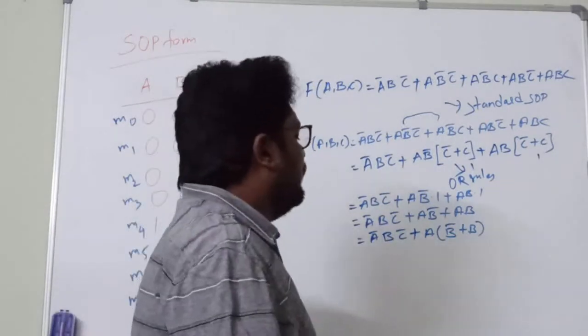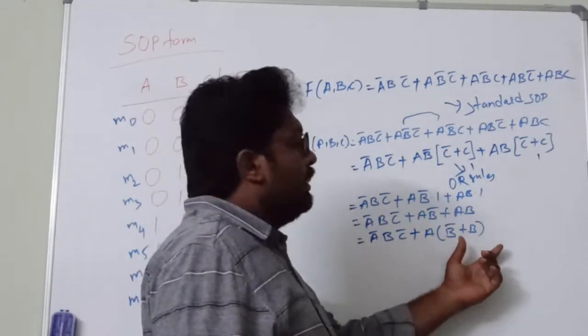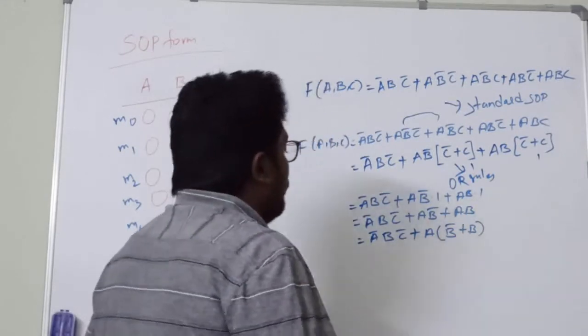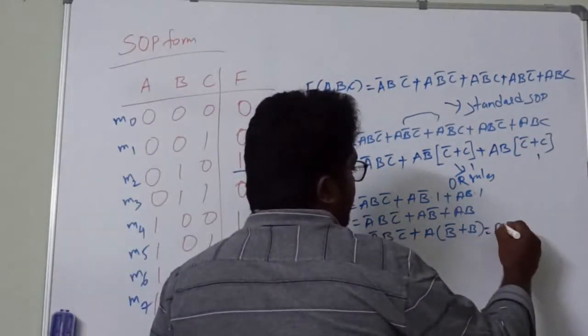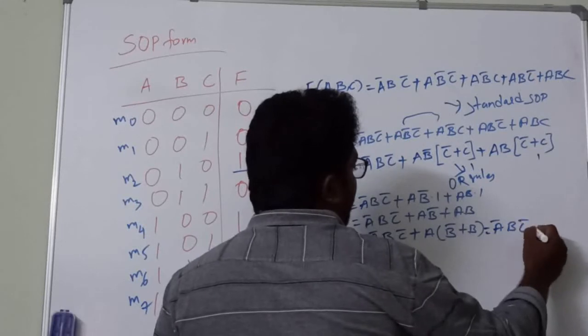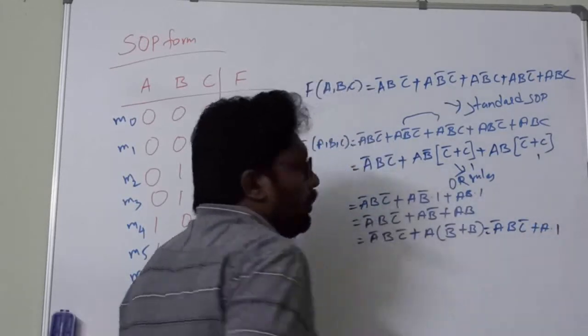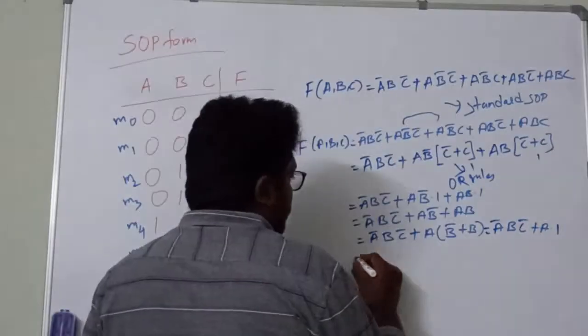Again, by using the same OR rules, B complement plus B will become 1. So that is A complement B C complement plus A into 1. Eliminate that 1.